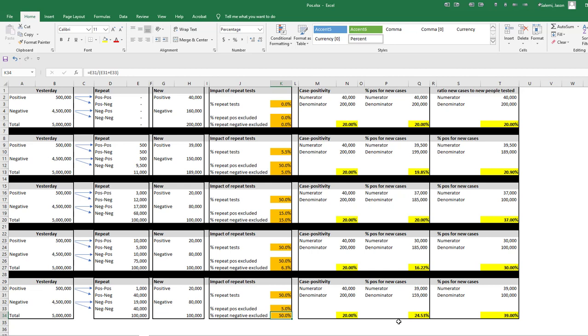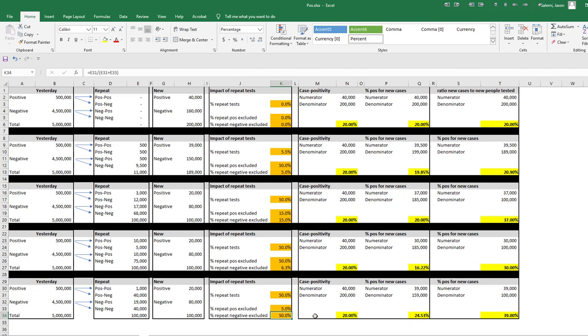The percent positivity for new cases does not always have to be lower when it is different from the case positivity. It could be higher, right? So again, we're used to seeing something like this, where the percent positivity for new cases is lower than the case positivity, but it does not have to be that way.